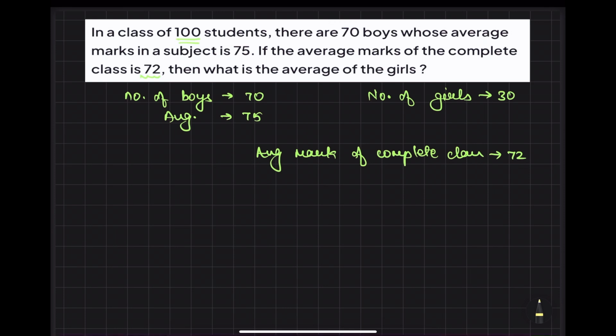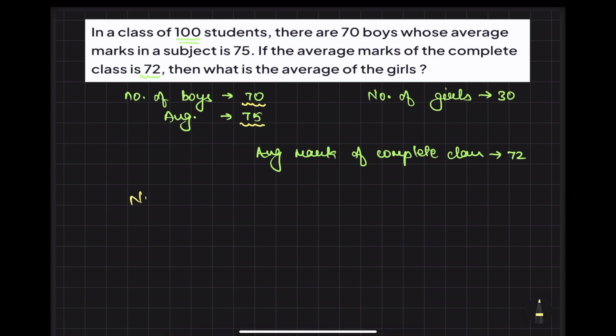So suppose that in your class we have decided that we will distribute chocolates, and anybody can take any number of chocolates. Now you know that there are 70 boys and the average is 75, means each boy student is taking 75 chocolates.